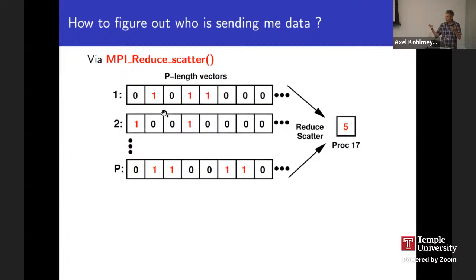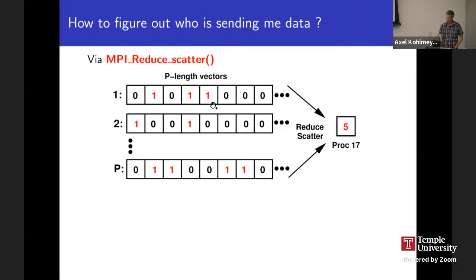These p-length vectors, one from every processor, are the input to the MPI reduce scatter. Under the hood in this MPI call, it's going to reduce these vectors so that the output is a single value per processor, holding the scattered information for that one location in the vector.